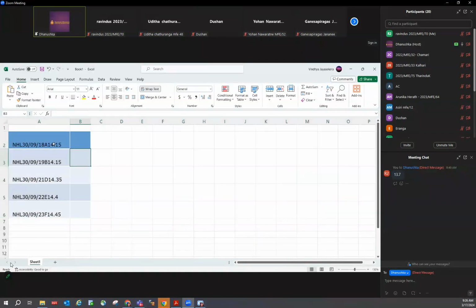Okay. So you have the Navaloka debenture. Coupon rate is 14.15, 14.15, 14.35, 14.4, and 14.45. This debenture matures on 30th of September 2018, 30th of September 2019, 21, 22, and so on.